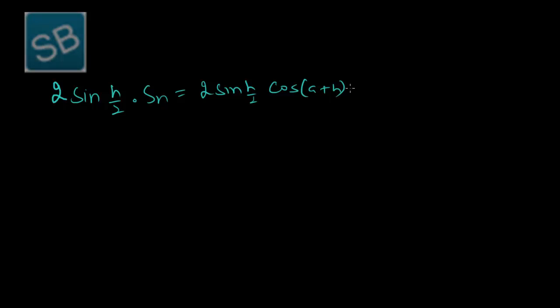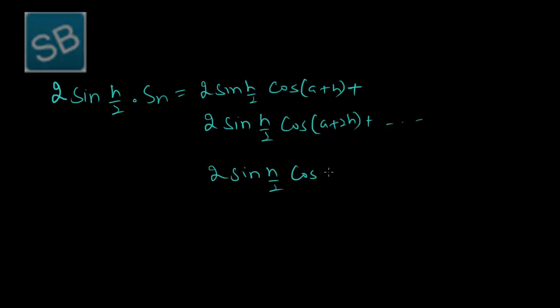Now multiplying both sides of the Sn series by 2 sin(h/2), we get 2 sin(h/2) into Sn is equal to 2 sin(h/2) cos(a + h). We can write in this manner, 2 sin(h/2) cos(a + 2h) plus so on, 2 sin(h/2) cos(a + nh).